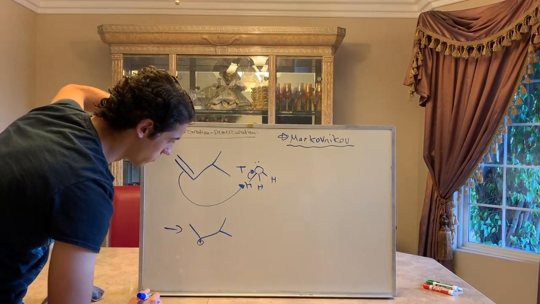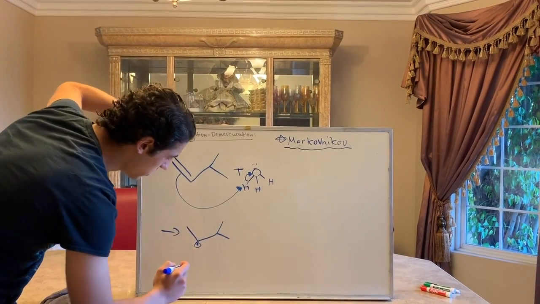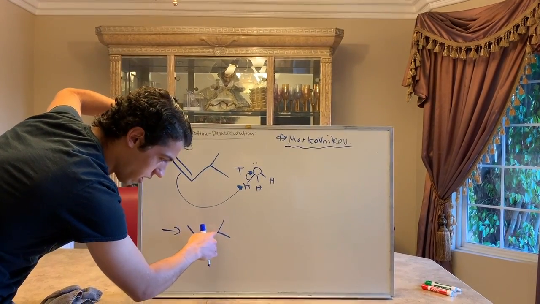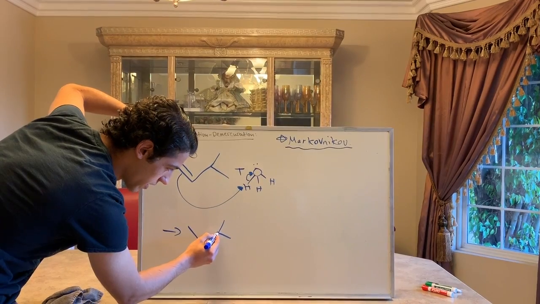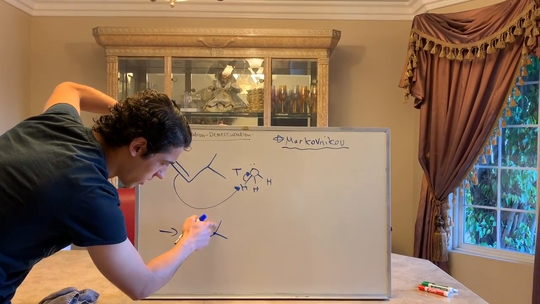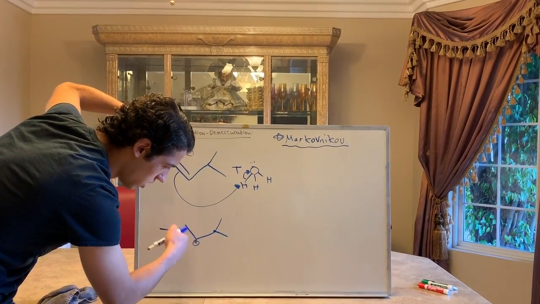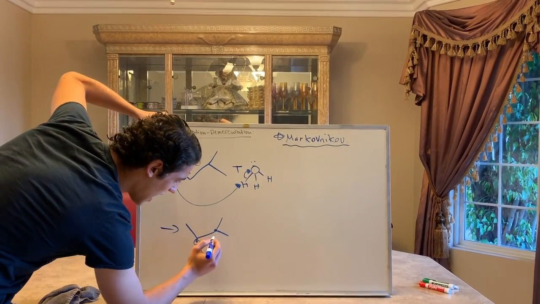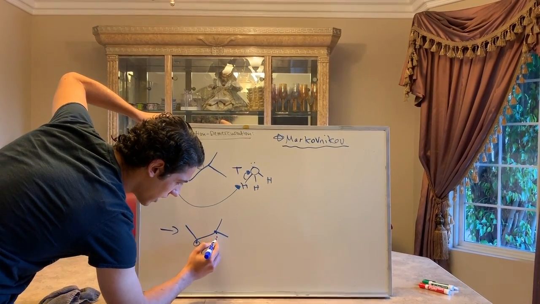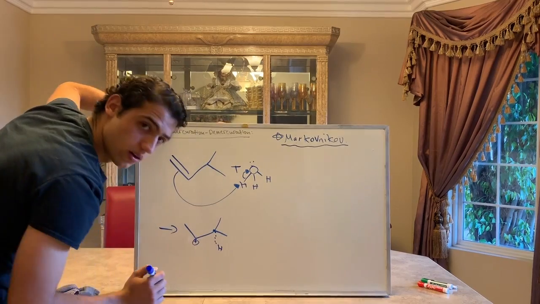But keep this in mind, this carbon right here is tertiary, connected to a methyl group here, and a carbon chain here, which is an ethyl. I have a hydrogen here, right?